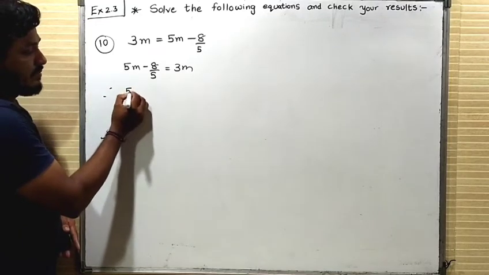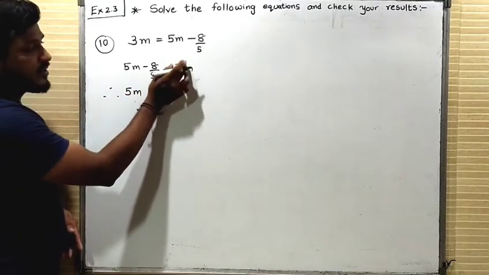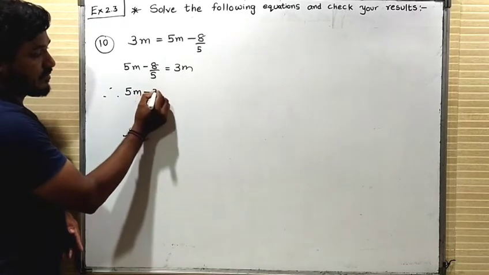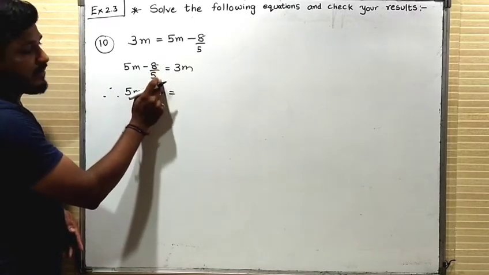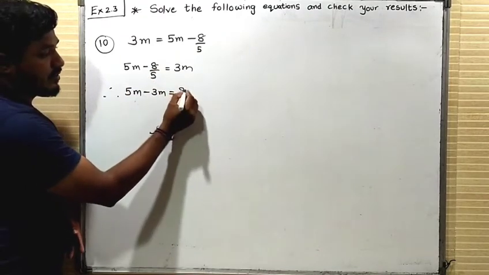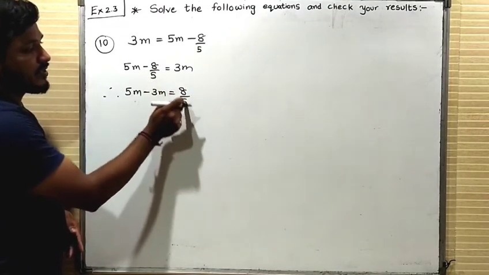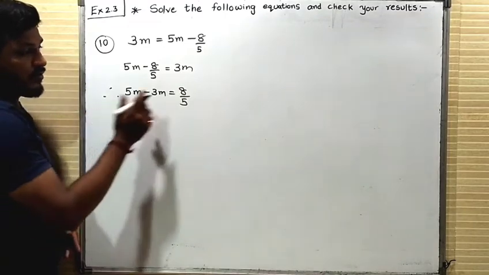Now 5m, now what you will do, transpose this 3m toward your left and transpose this negative 8 by 5 toward your right. So negative will become positive and positive will become negative. What will you write over here?